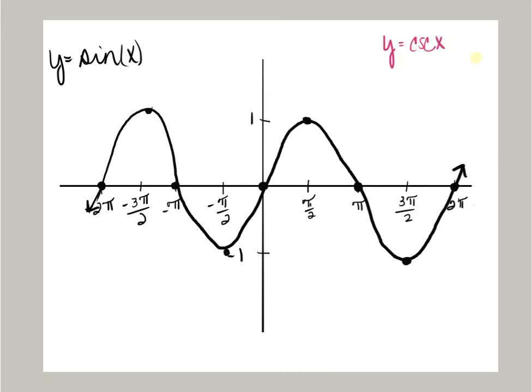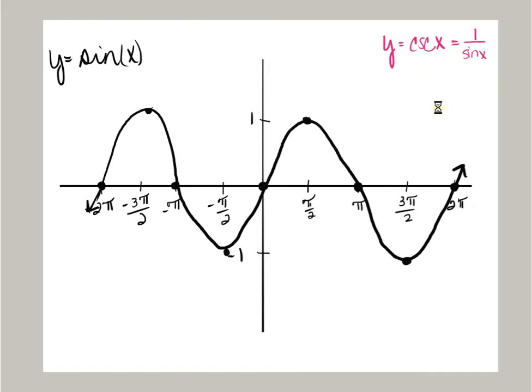Cosecant of x. Now, I pulled the sine graph back up here, and the reason that I did that is because cosecant and sine are reciprocals of each other, right? Cosecant is simply 1 over the sine function. And so if we want to use that information to graph it, we can. Now, we know we can't divide by 0, and so that means that everywhere that sine is 0, cosecant is undefined.